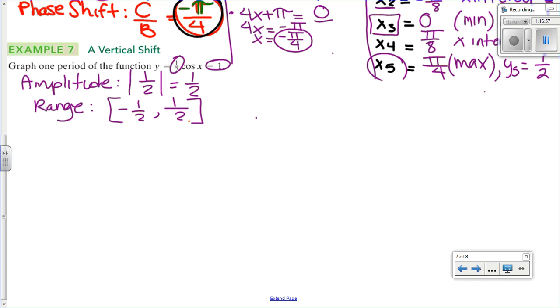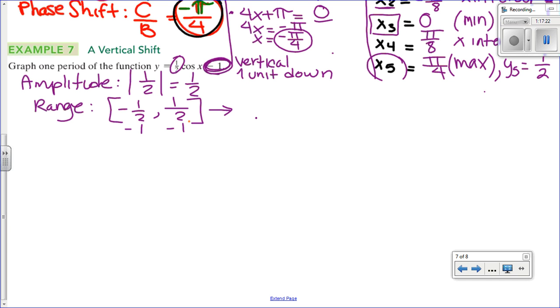But because we have this -1 here, and it is implying that there is a vertical shift of 1 unit down, I'm going to go ahead and subtract 1 from both of these y values, and that will give me the correct range.